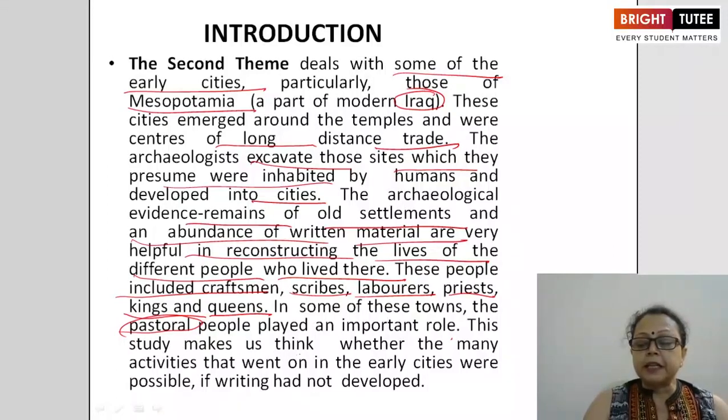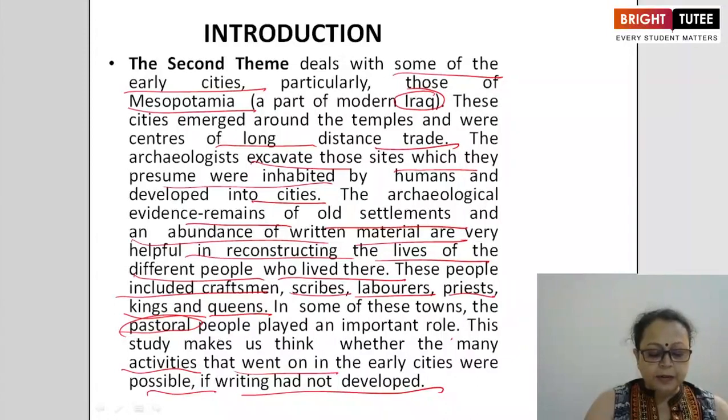This study makes us think whether the many activities they went on in the early cities were possible if writing had not developed. This is the introduction, what it says about that.